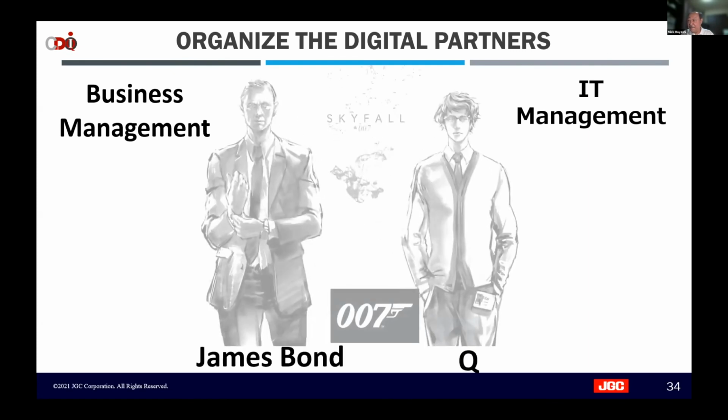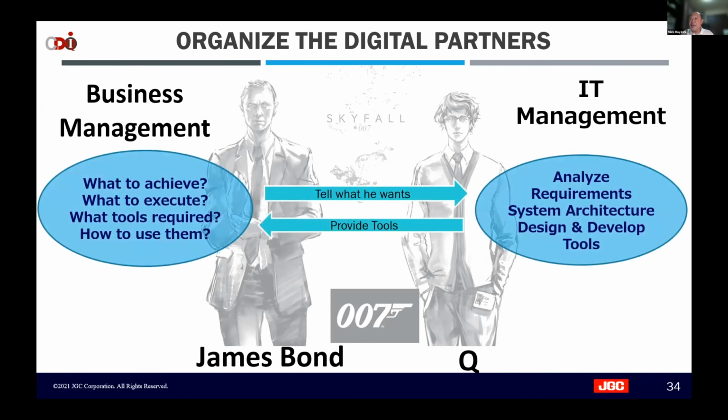We have 007, James Bond, and Q. James Bond says what to achieve, my goal, what to execute, what tools are required, how to use them. These requirements will be passed on to IT management. Q will analyze requirements, create the system architecture, design and develop tools, and then provide the tools. So this is the collaboration of two digital partners. But on top of that, we have the CDO to support and sponsor these initiatives. Thank you very much.